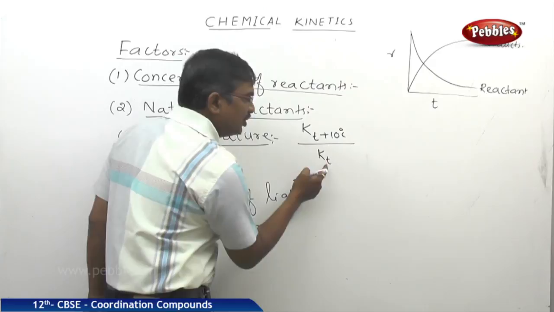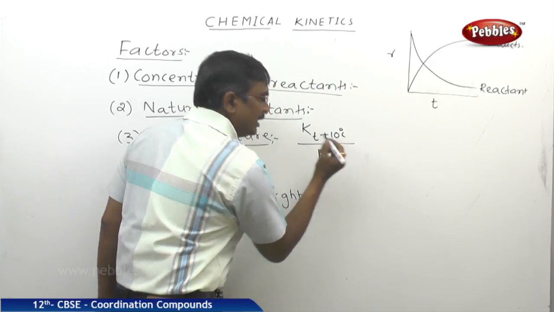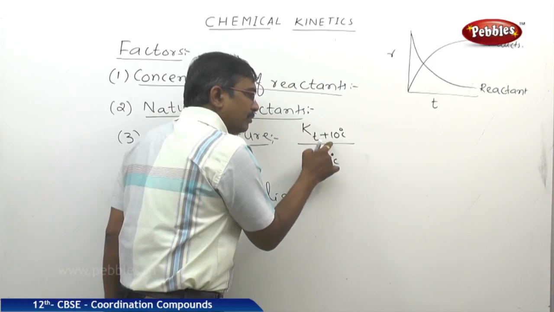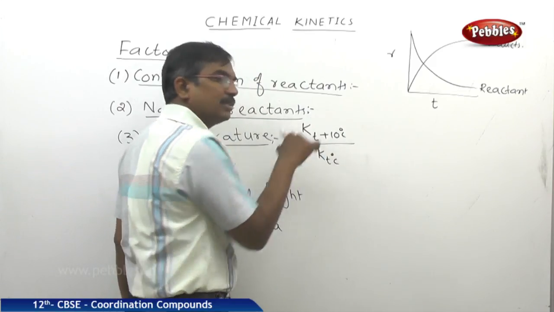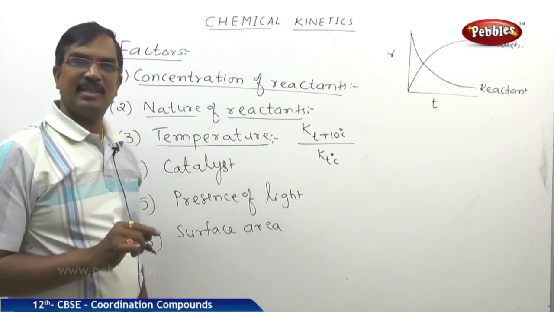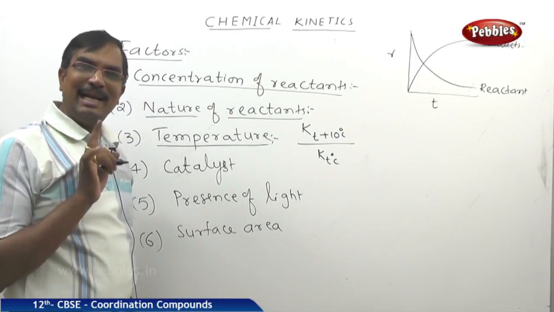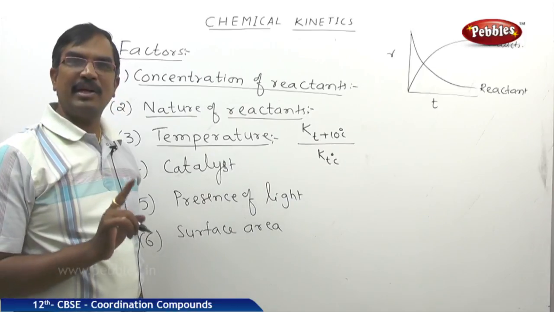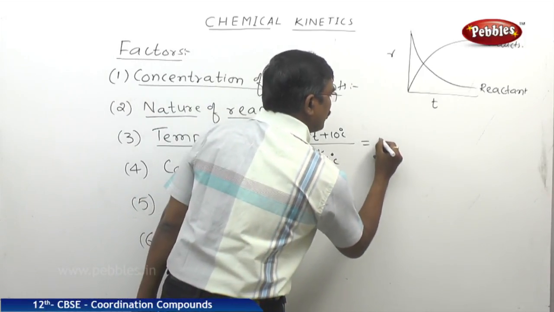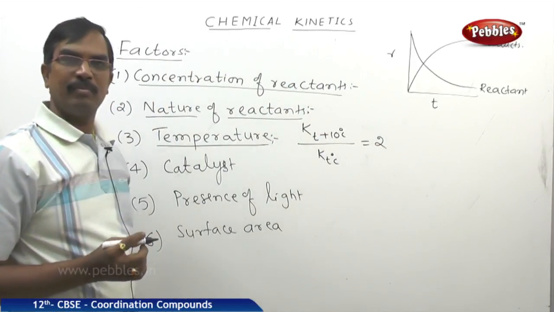What is the difference between these two? This is temperature T degrees Celsius, and this is temperature T plus 10 degrees. That means there is an increase in temperature of 10 degrees. So as I told you, for every 10 degrees rise in temperature, the rate of reaction gets doubled. That means the ratio of these two becomes equal to 2.